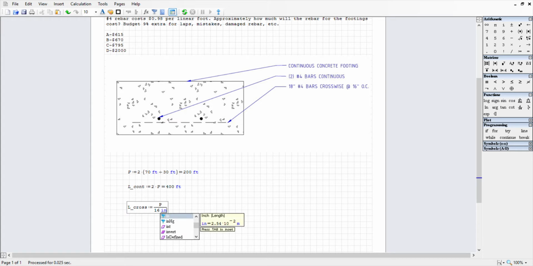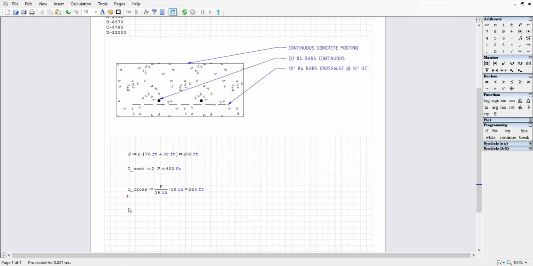Okay, so that'll give us the number of crosswise rebar. And then if we want to find the length of the crosswise rebar, we'll just multiply by that 18 inches. And that'll give us 225 feet.